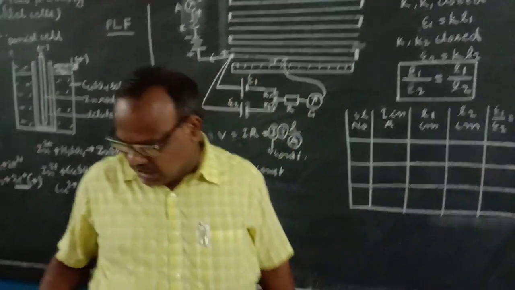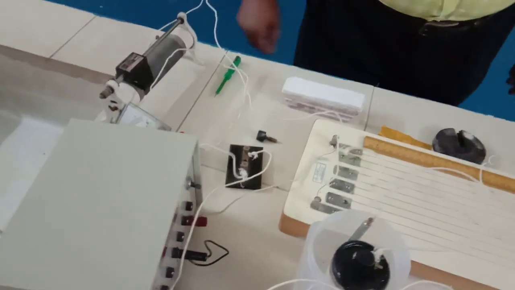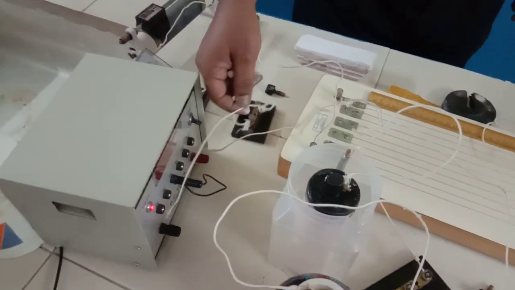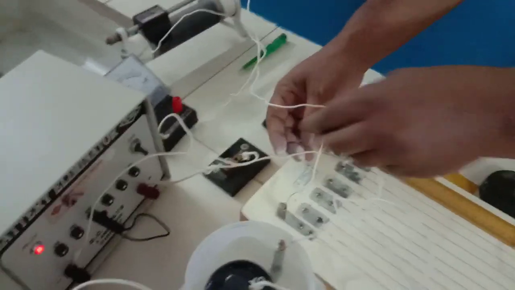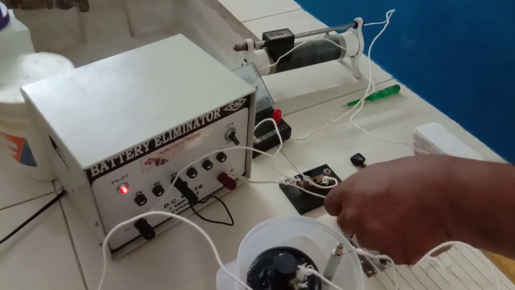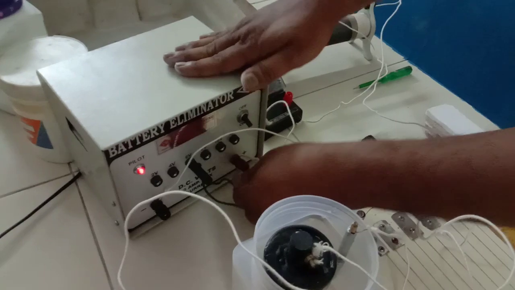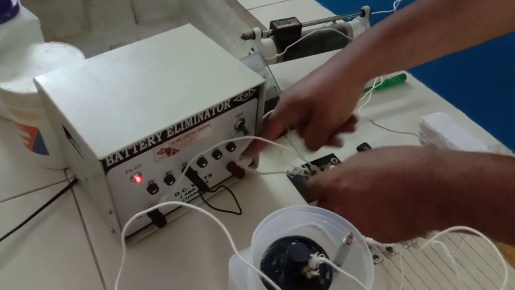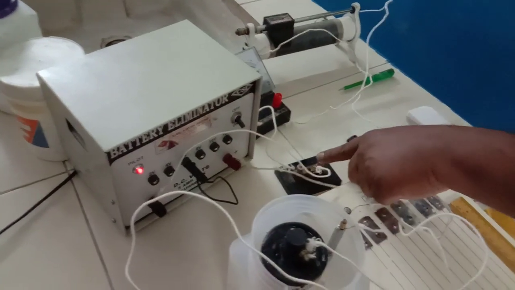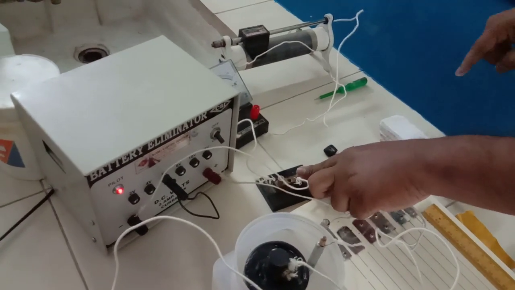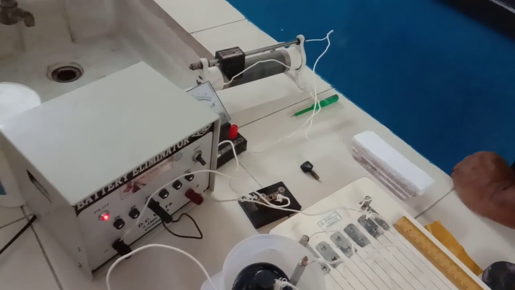Now you see the circuit. If you see this end, this is positive, the positive of the cell, the red one is the positive of the cell. I have taken a battery eliminator, then the other end, the negative, is connected to the key, then the other end of the key will be connected to the negative.